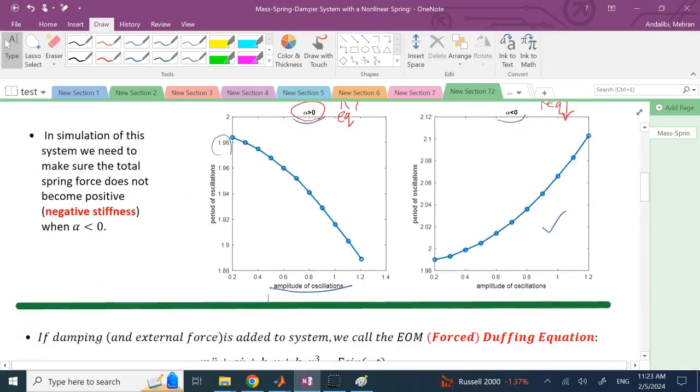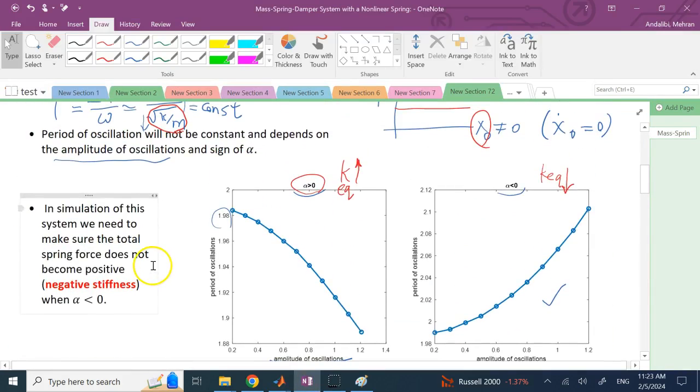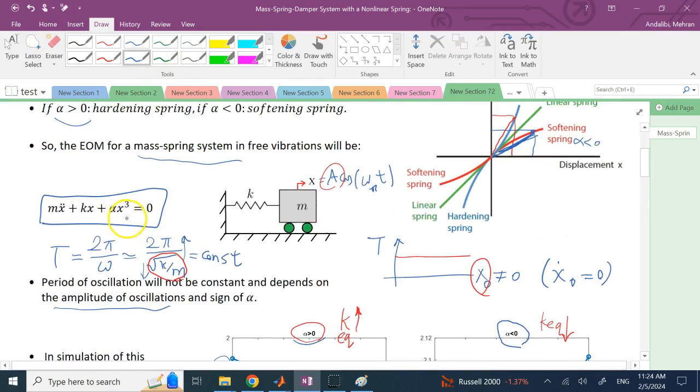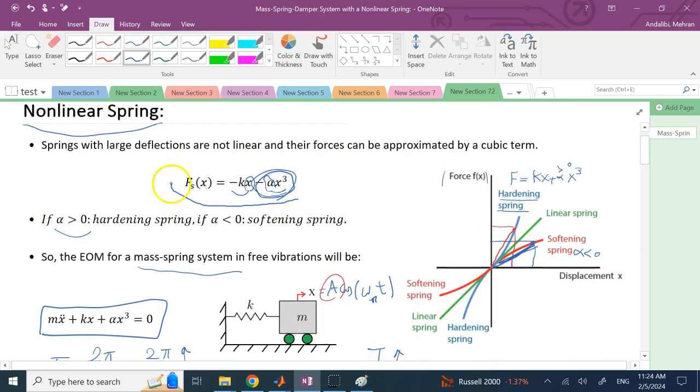One thing before we go and talk about the next part, which we add damping and excitation, is you need to be careful when simulating the system for negative alpha. Why? Because the spring force, since alpha is negative, is practically like negative kx plus magnitude alpha times x cubed.